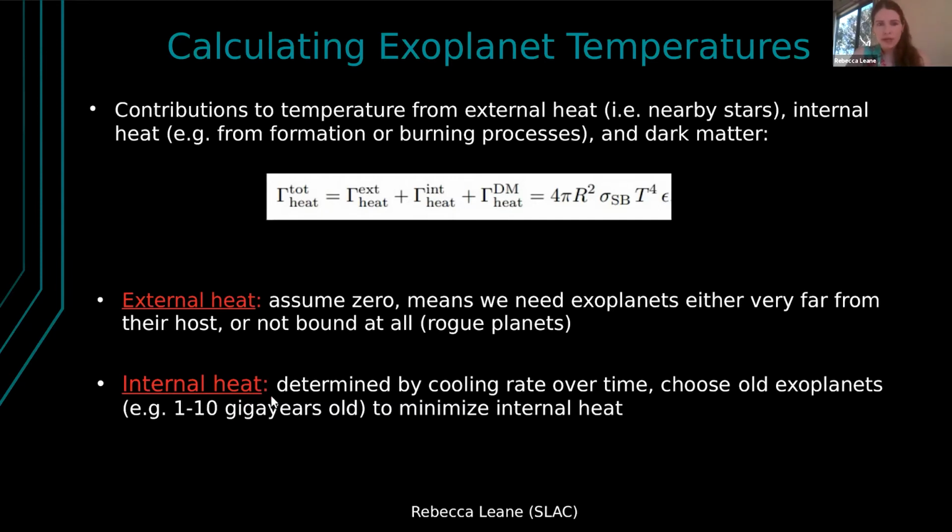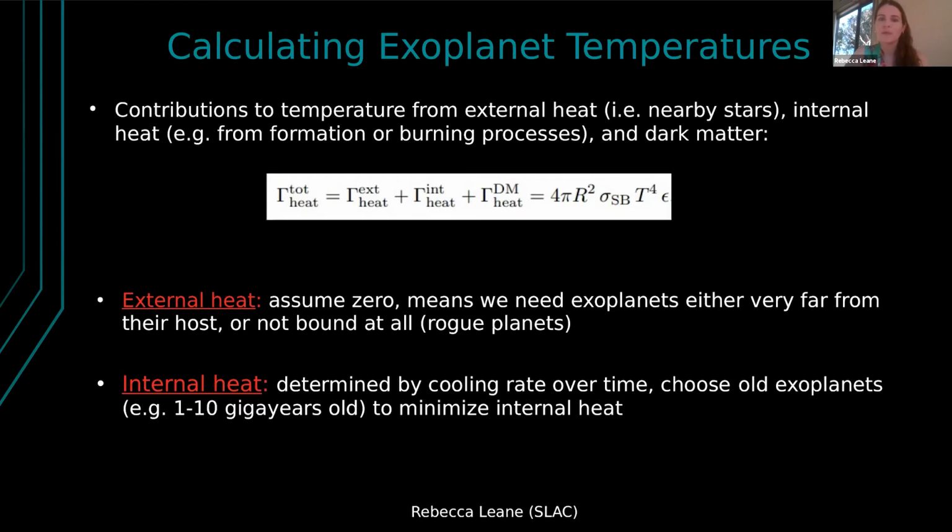For the internal heat, this is determined by a cooling rate over time that comes from simulations. People have looked at different brown dwarfs or different planets at different ages, and what their cooling rate over time is. We look at a range of these simulations and feed them into our calculation.